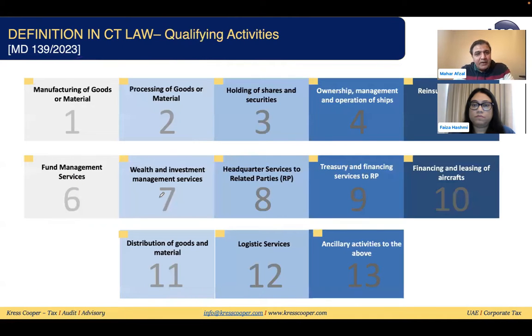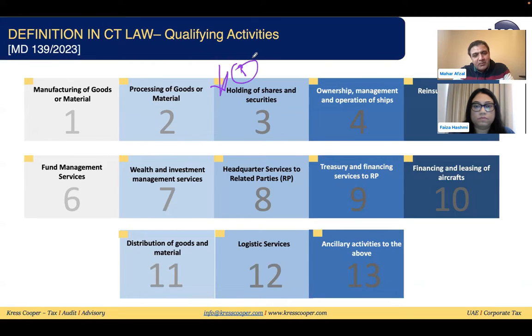These are the qualifying activities. In the qualifying activities, they have added one more activity here. This is income from the trading of qualifying commodities. If the qualifying free zone person is earning any income from the trading of qualifying commodities, this income will be considered a qualifying activity.